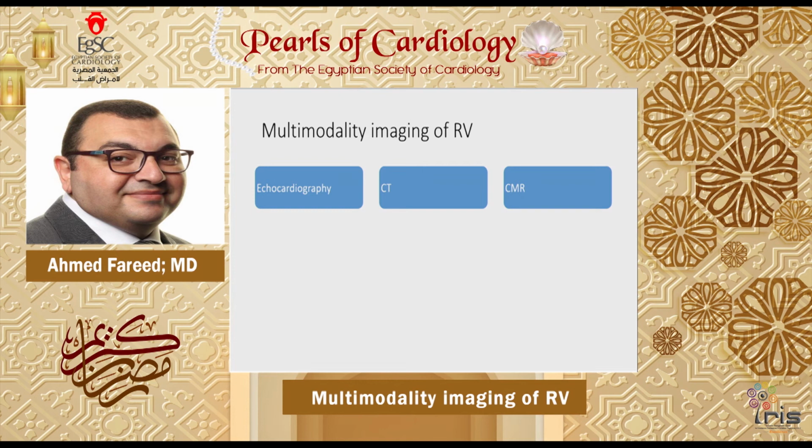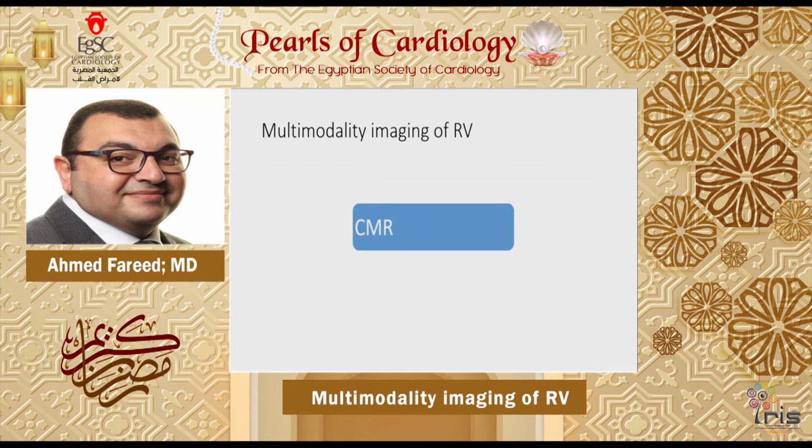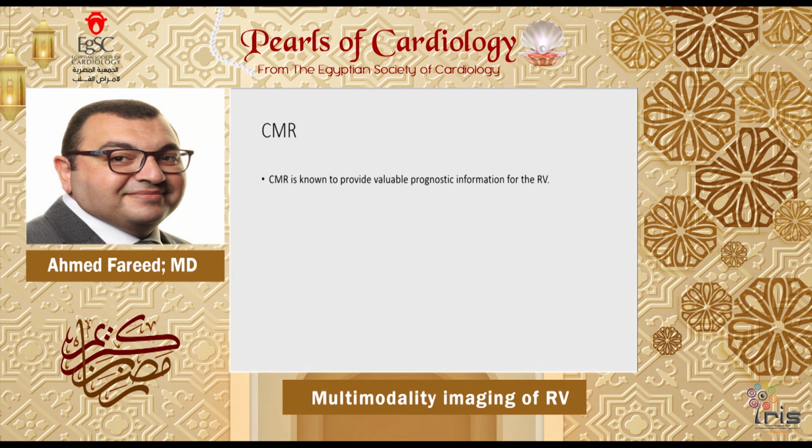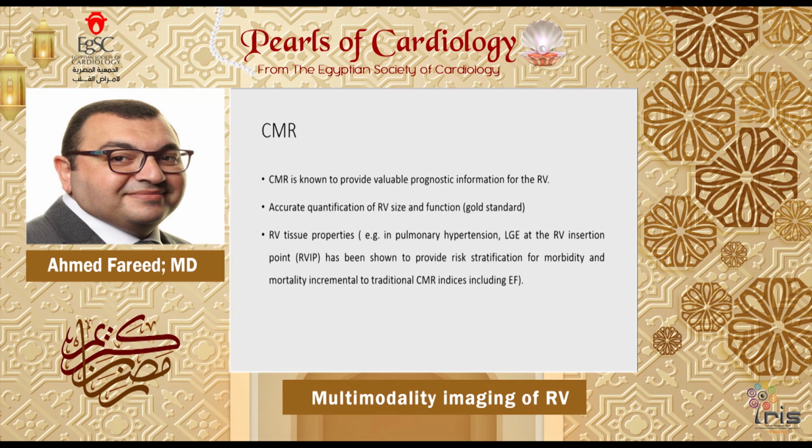The last modality, now considered the gold standard for assessment of the right ventricle, is the CMR. The CMR is known to provide valuable prognostic information for the right ventricle with accurate quantification of right ventricular size and function. It also has the advantage of right ventricle tissue properties assessment.